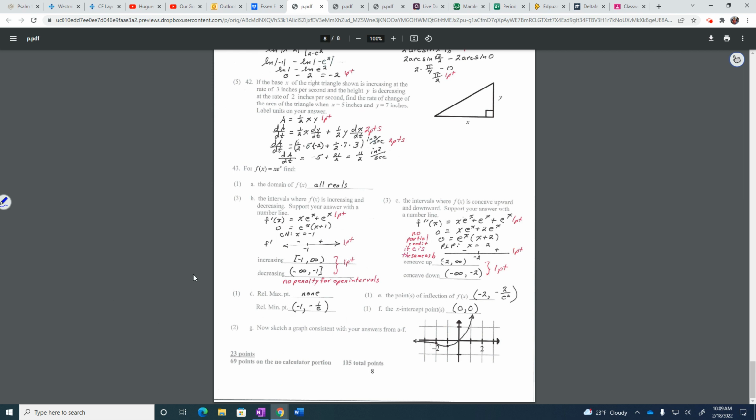And this last part was pretty bad too. You had to find the first derivative and find the critical numbers where it was 0, which was only at x equals -1, since e to the x would never be 0. And then we find the increasing and decreasing intervals.